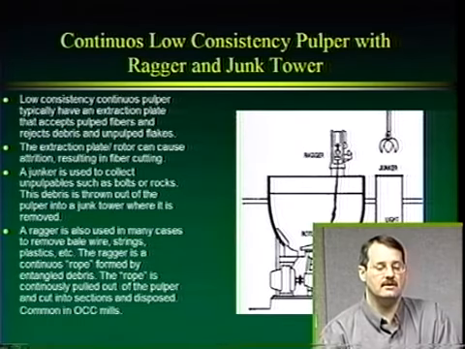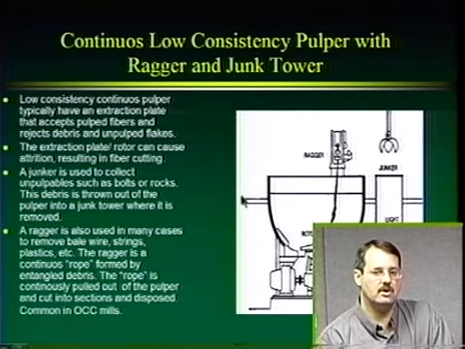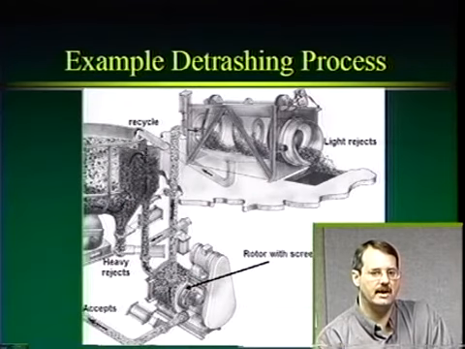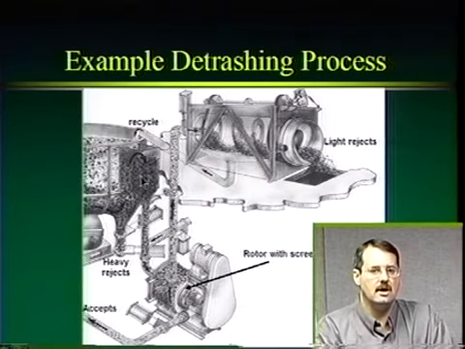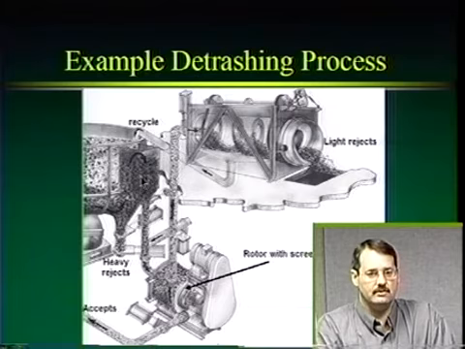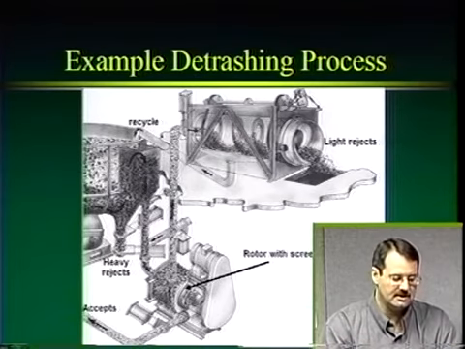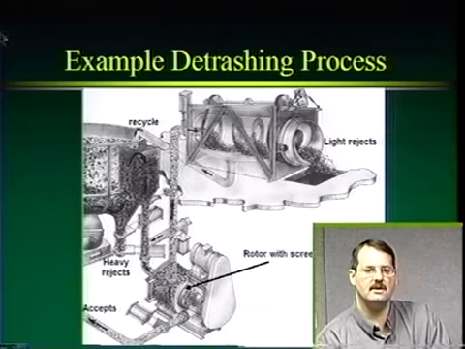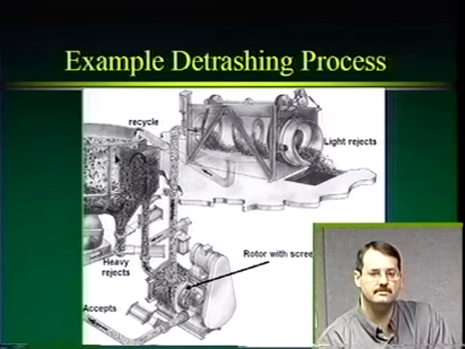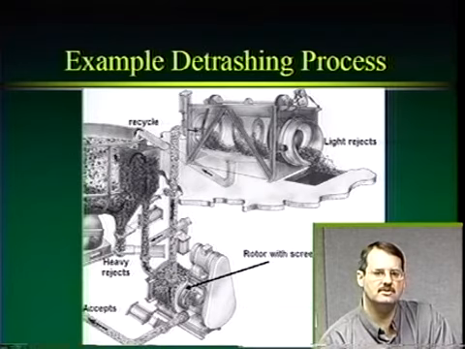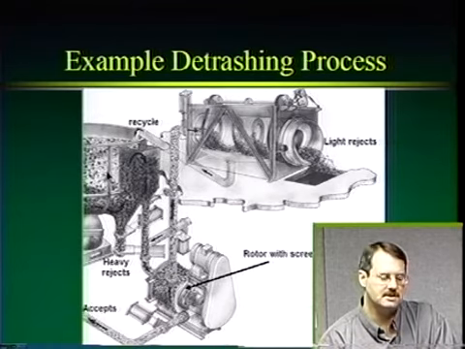Now, another way that a continuous pulper can work is the following. It has what's called an external detrashing unit or process. And we've got to pay close attention to what's going on here. What we have here is our pulper, and it's being fed continuously.